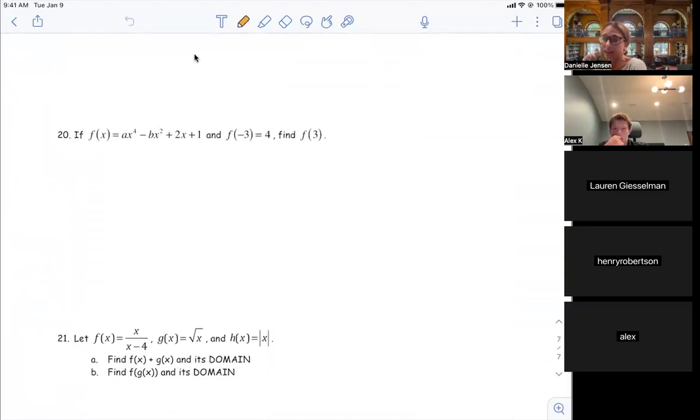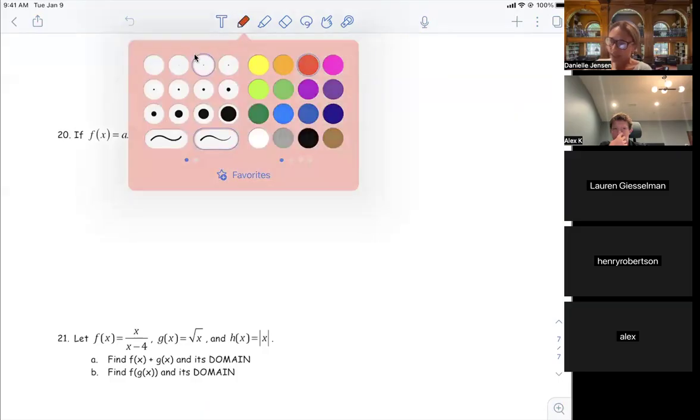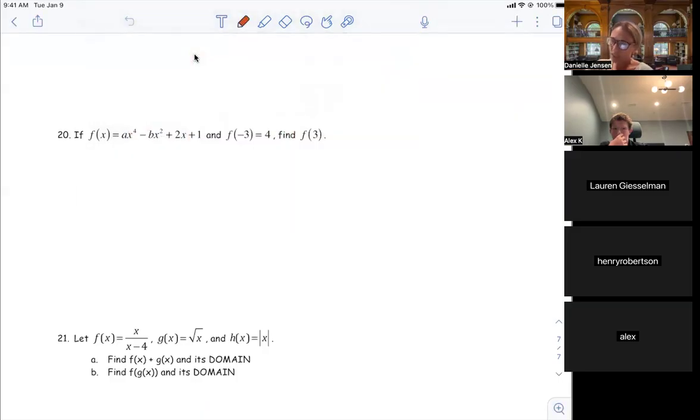Oh yeah, I like this problem. It's a little bit of a fun problem, not really having to do with anything specifically other than functions. So if I plug in -3 for x, I get what's -3 to the fourth? 81.